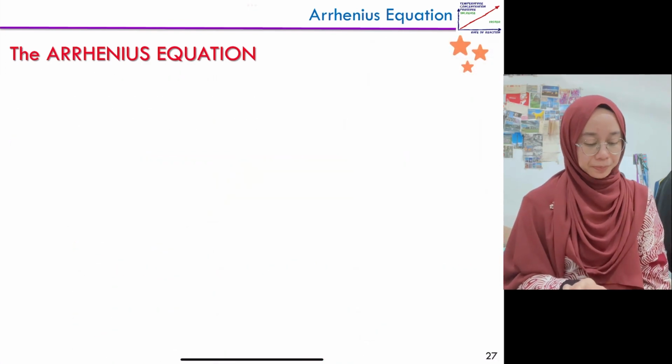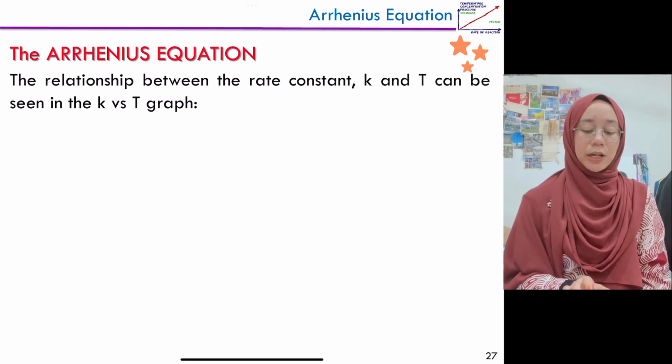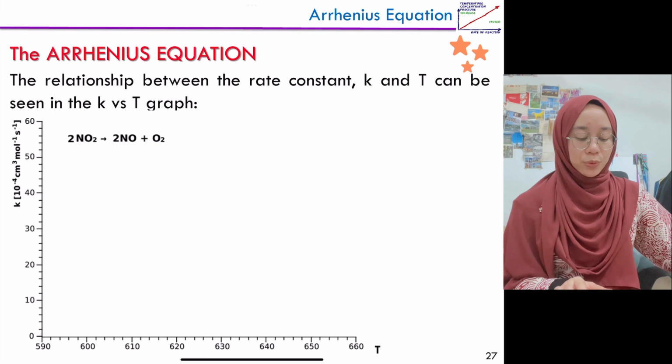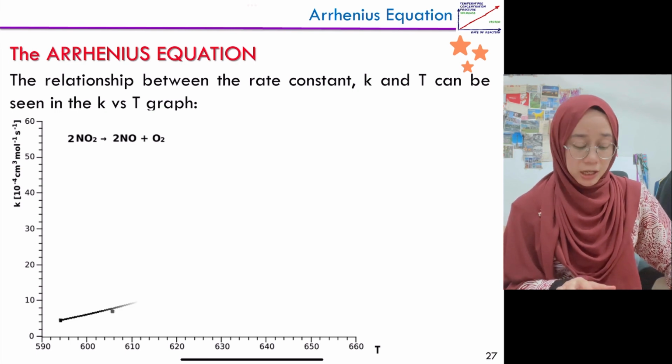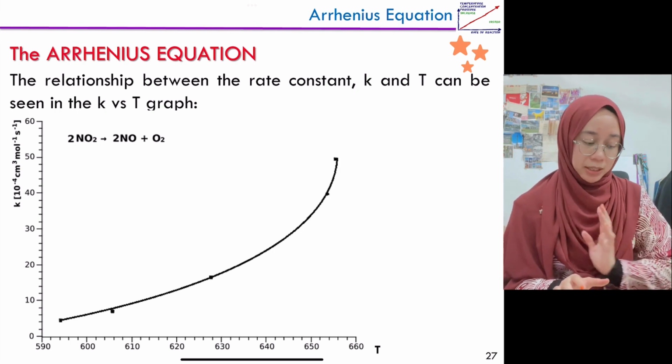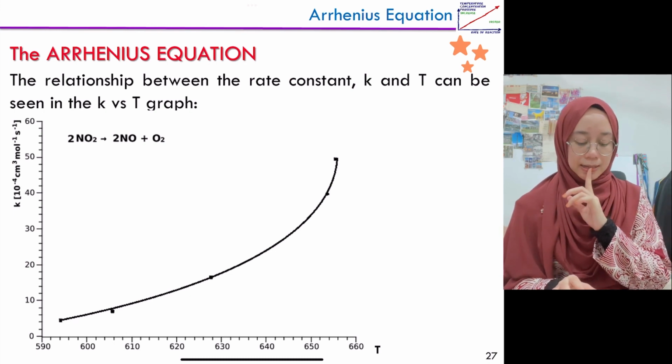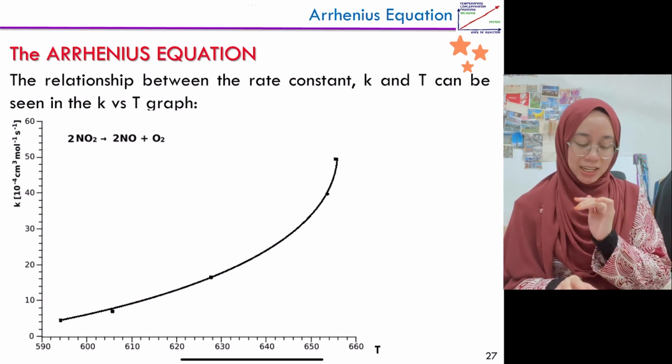Okay. So the relationship between the rate constant and T can be seen in the K versus T graph. So you will get an exponential graph. So you will see a curve like this, whereby the y-axis is K, the x-axis is temperature. Okay.